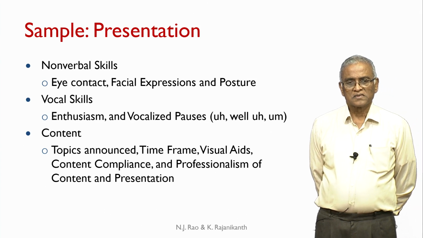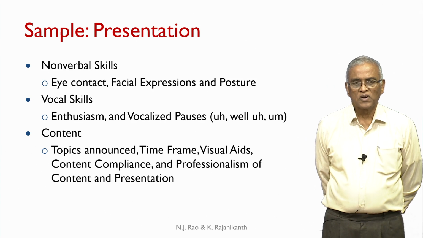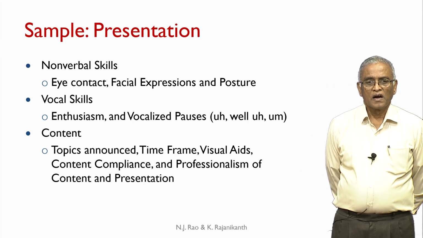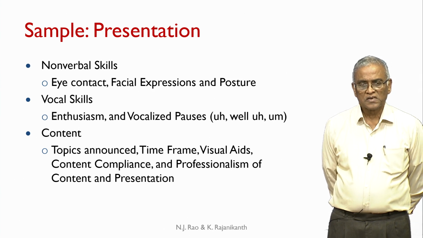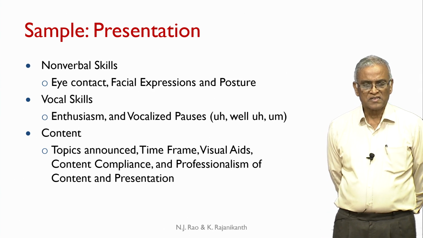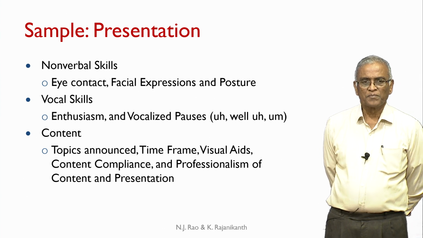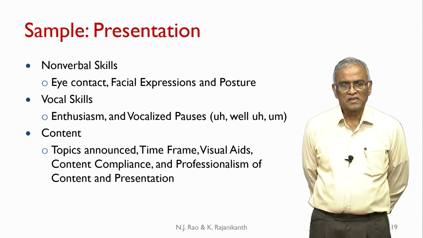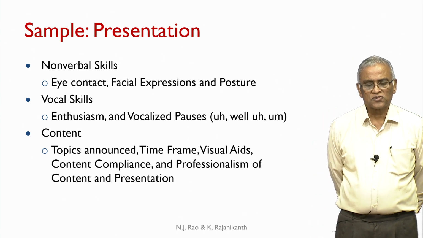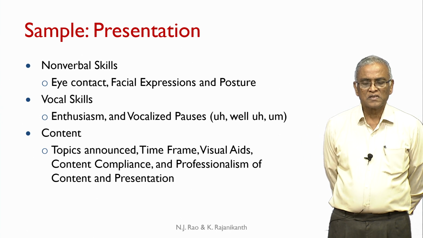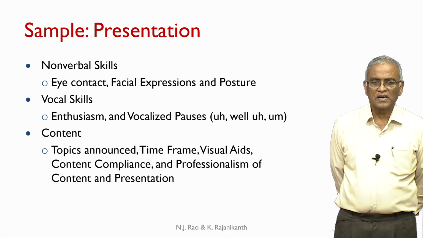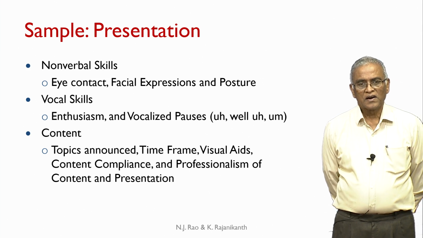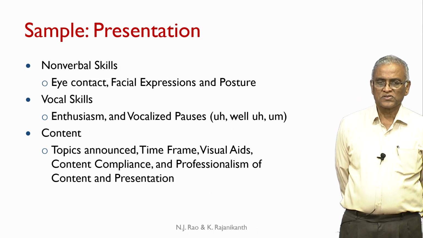Now, take presentation. Most of the colleges do have seminars where the students present, and one issue about rubrics is you cannot have too many levels or make it too complicated. For example, for the presentation skill, you have 3 items that are chosen: non-verbal skills, vocal skills and content. But non-verbal skills include eye contact, facial expression and posture.